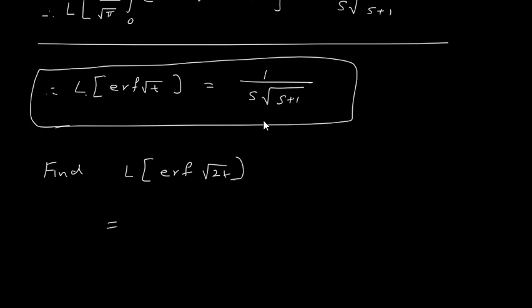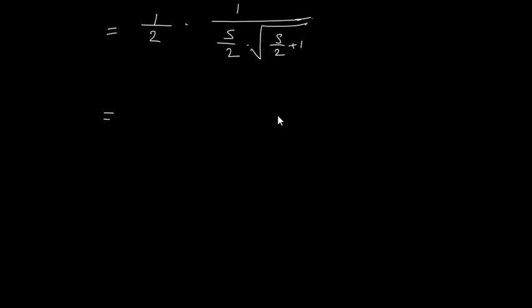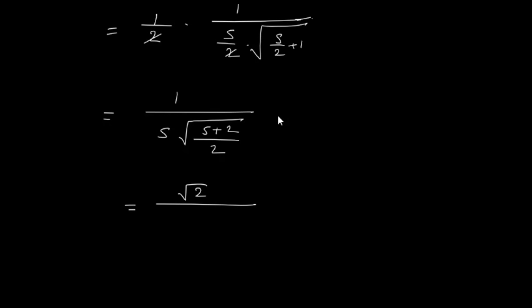Therefore Laplace of error function of root 2t is 1 upon 2 into 1 upon s by 2 into root of s by 2 plus 1. This 2 and this 2 will cancel, and here it is 1 upon s root of s plus 2 whole divided by 2. So this 2 I will write on top: root 2 divided by s root of s plus 2.